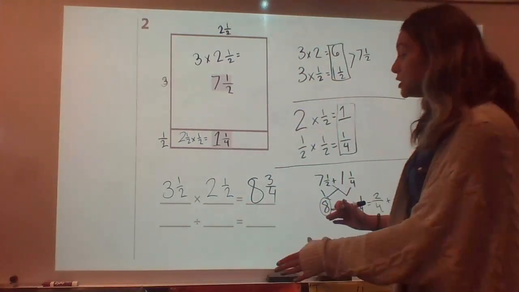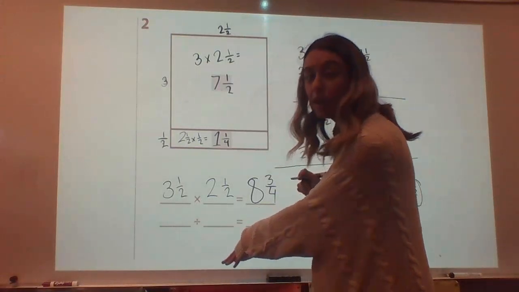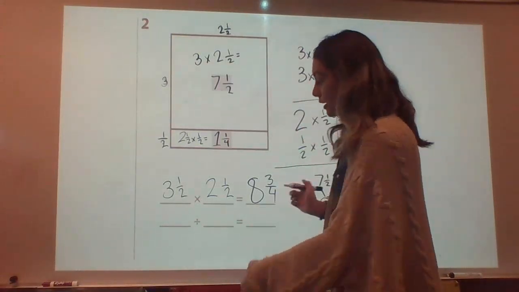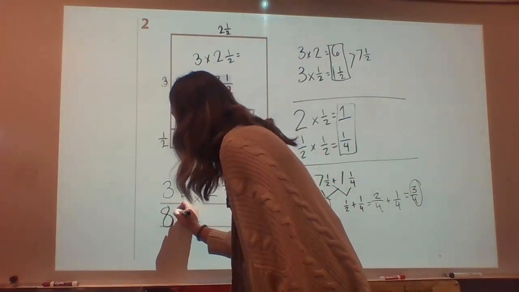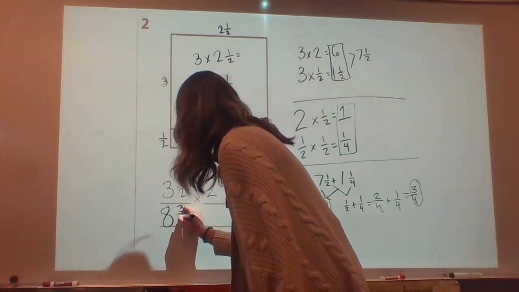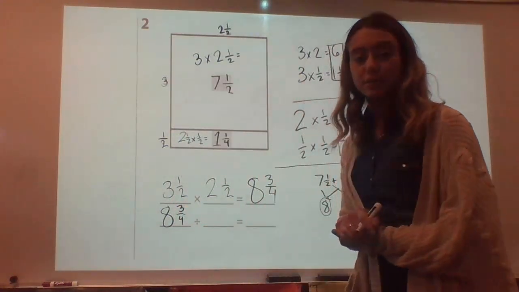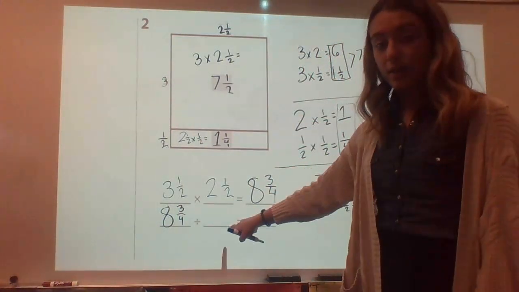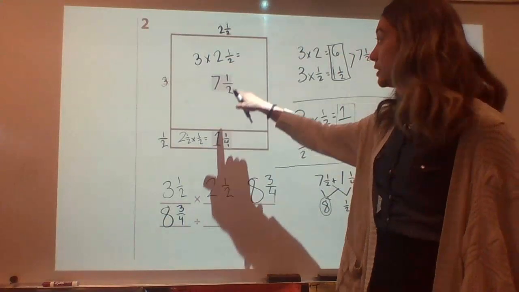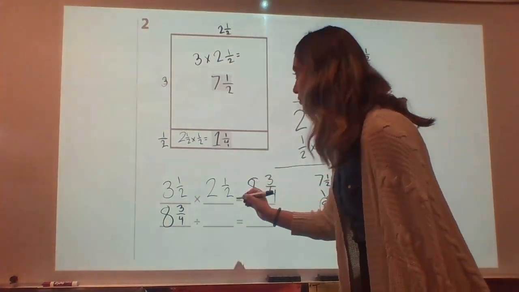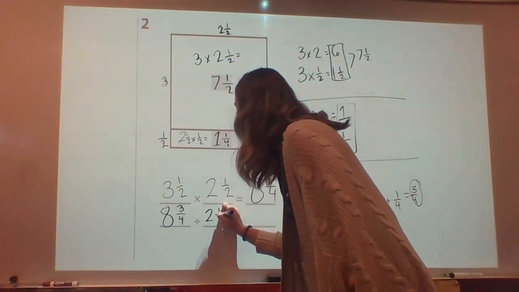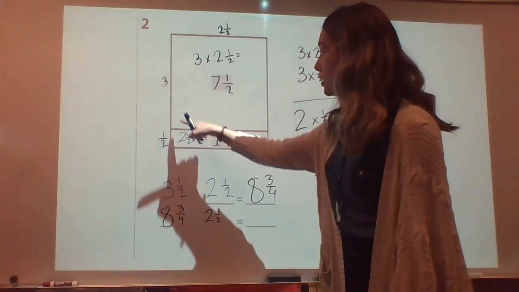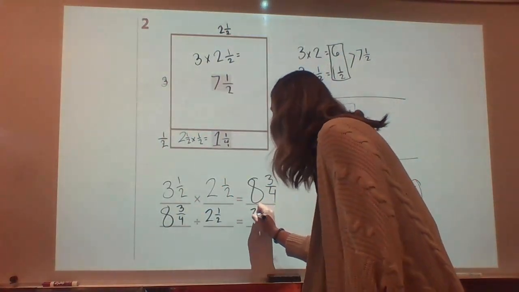Now, friends, when we do our division equation, we take our product and we put it right up here as our first number in our division. So we are dividing 8 3/4 divided by, let's go with 2 1/2, equals 3 1/2.